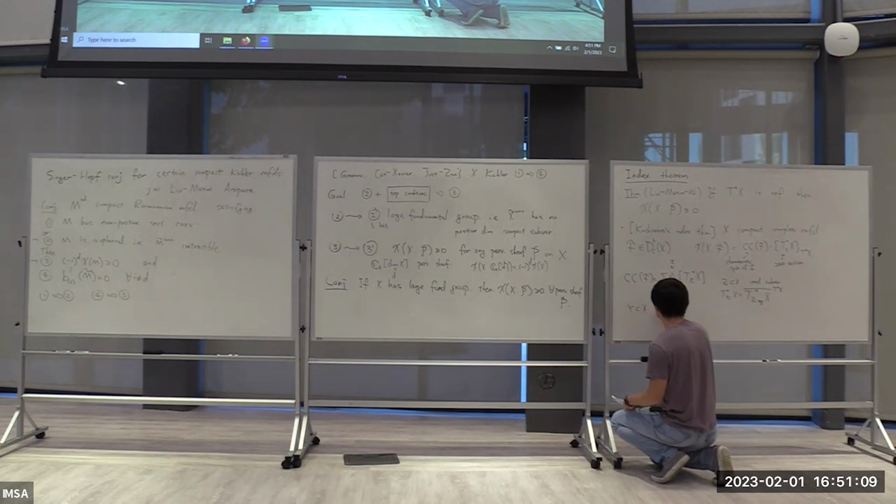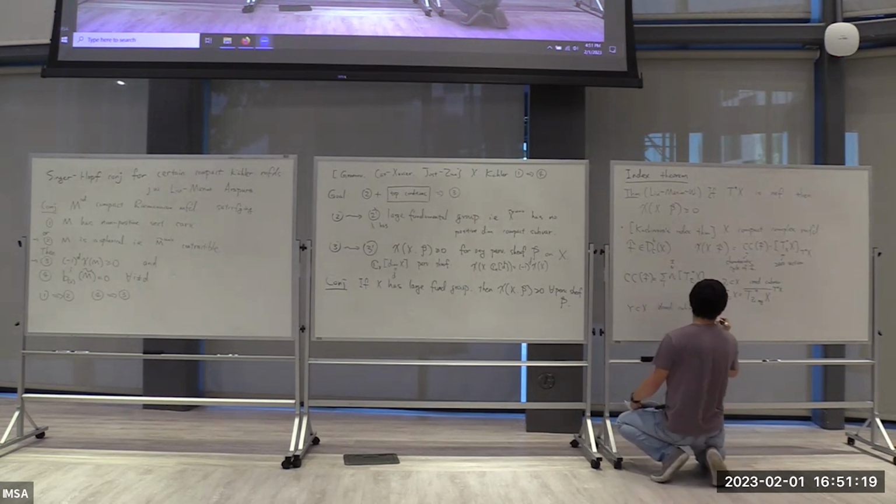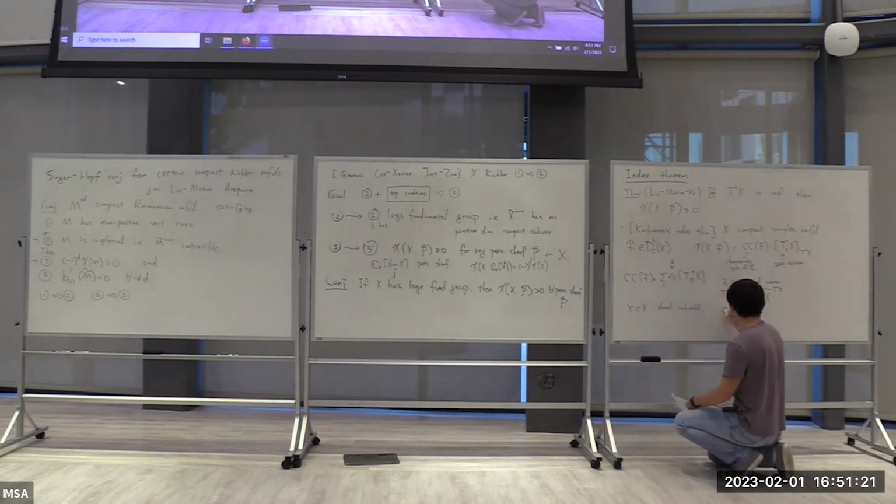If Y in X is a smooth closed submanifold, then I can take the constant sheaf on Y, right?